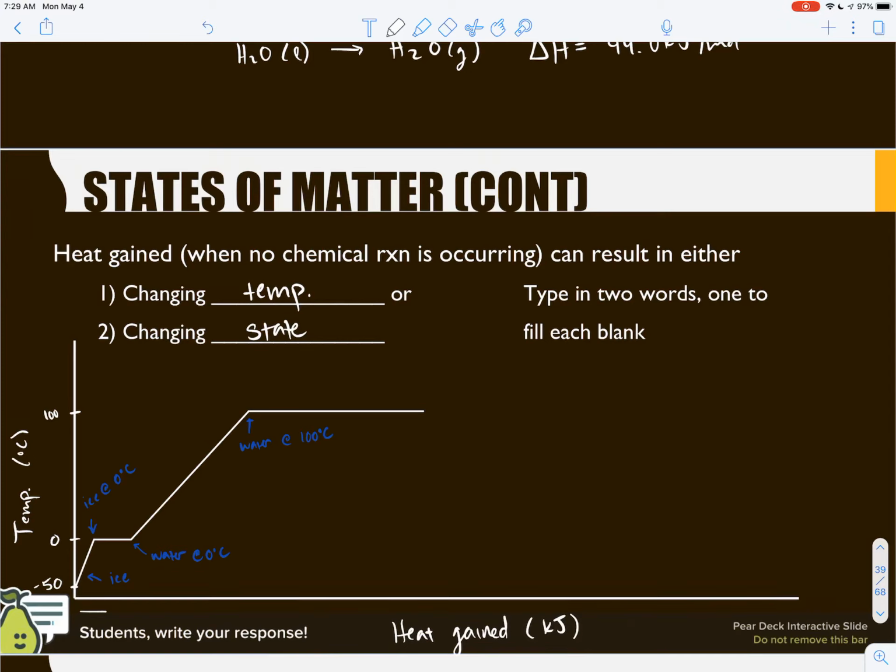We'll call this, I can do it in red, I guess. This is boiling. This is melting. Okay, these long stretches here, this is heating water. Okay, this here is heating ice.